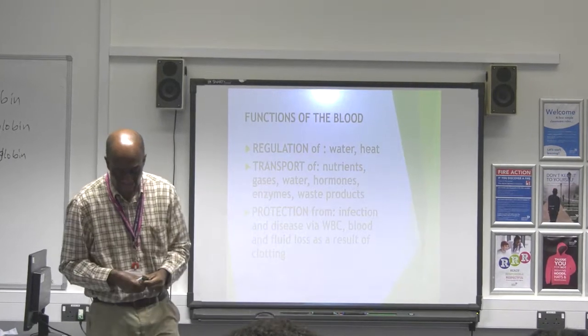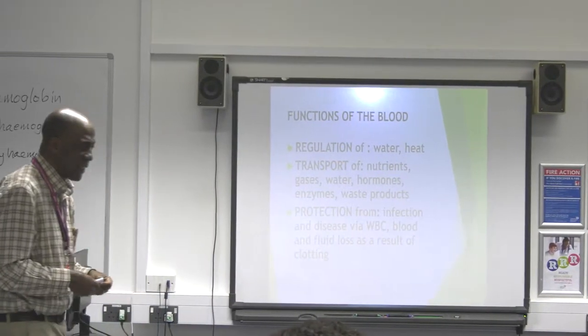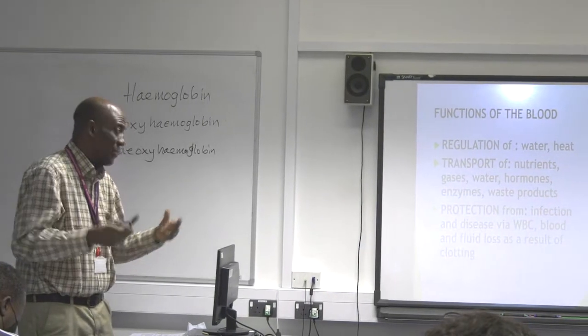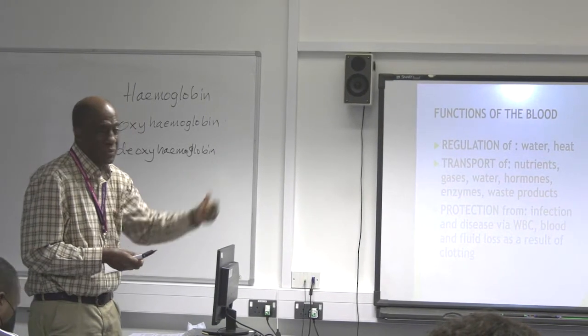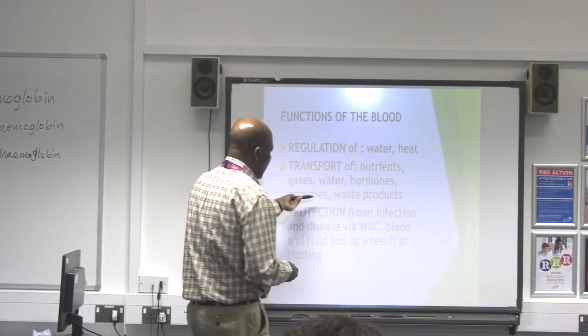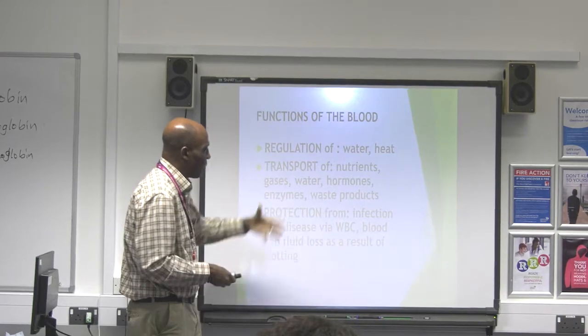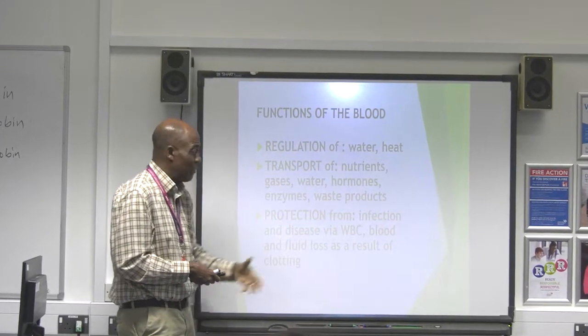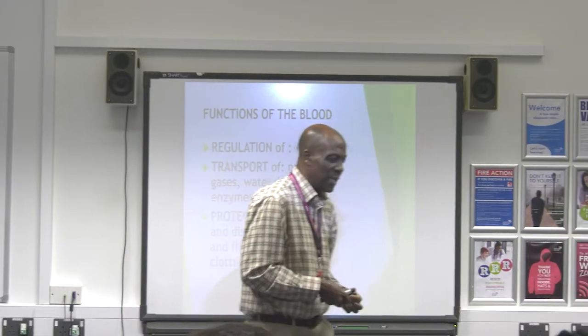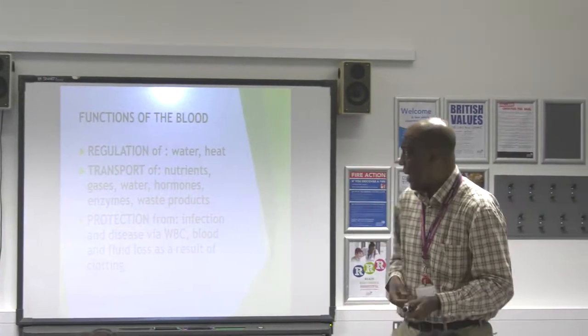Gases such as carbon dioxide, oxygen are also found in the blood. Water, ions, it's a long list, hormones, enzymes. The enzymes responsible for digestion, hormones from the endocrine system responsible for hormonal activities. And then waste products, which the body doesn't need, are also carried.